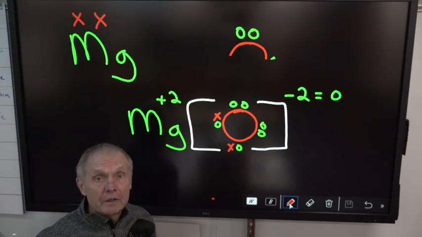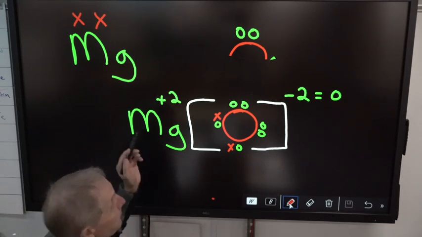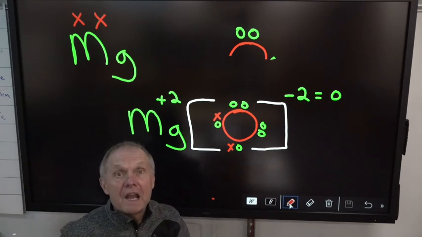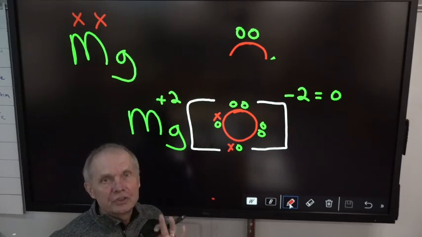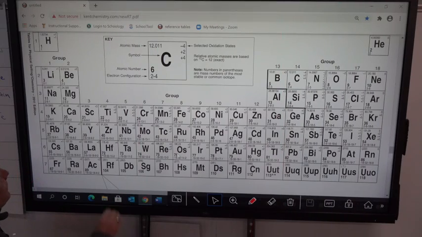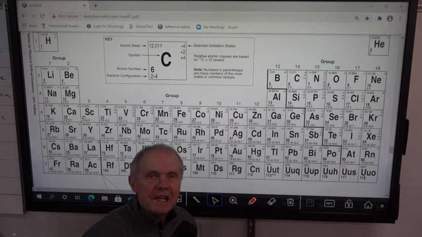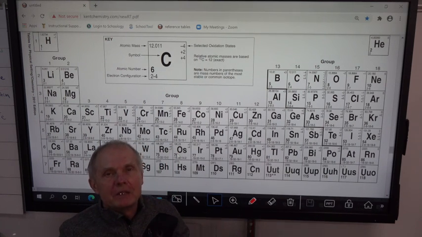The naming of a binary compound is kind of easy at first. If the metal, now listen to me, I want everybody to listen to me. If the metal only has 1 oxidation state, like lithium has a plus 1, or calcium has a plus 2, or aluminum has a plus 3, if the metal only has 1 charge, you just name it.